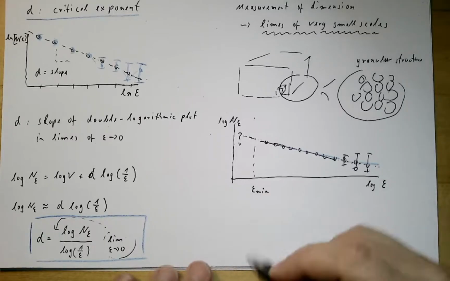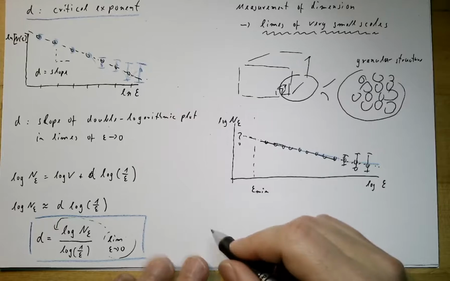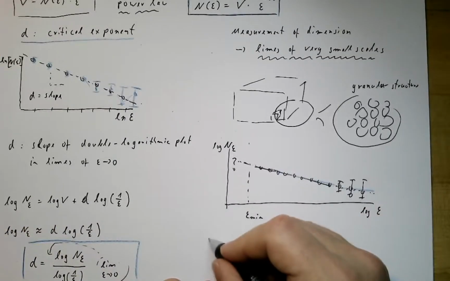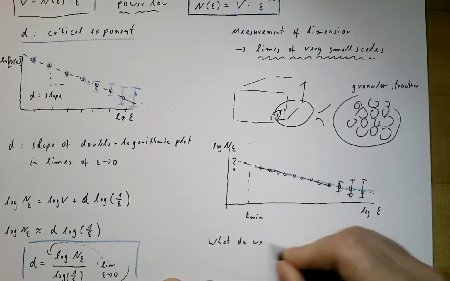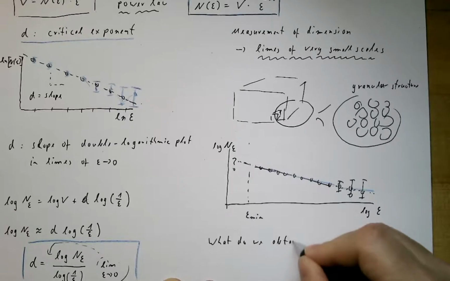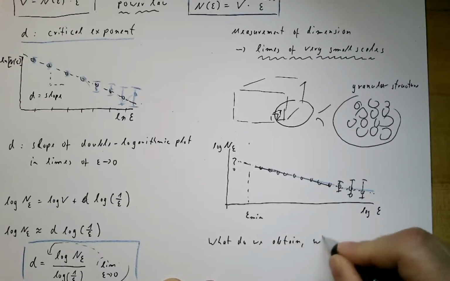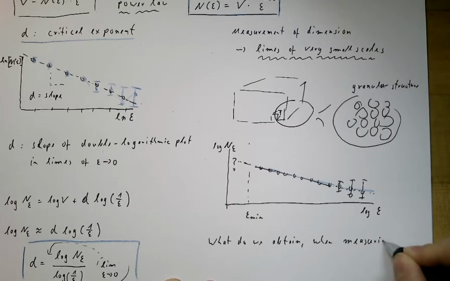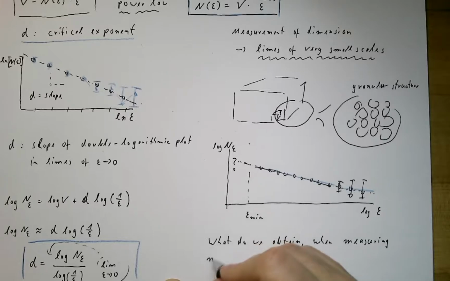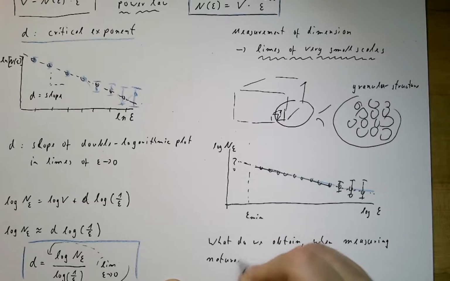And now the question is, for example, what do we obtain when measuring natural objects?